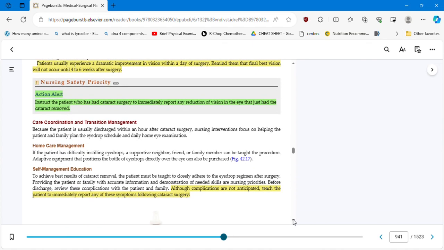Action needed, nursing safety priority, instruct the patient who has cataract surgery to immediately report any reduction of vision in the eye that just had the cataract removed. So any reduction of vision and pain is a no-no, okay?